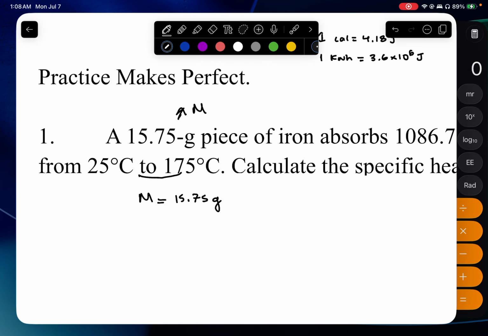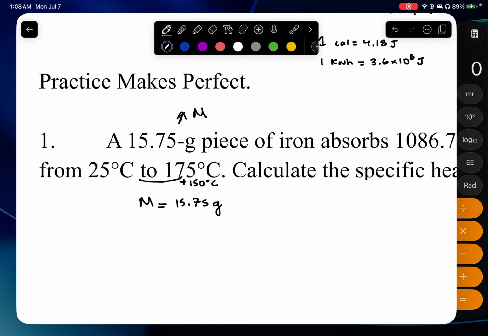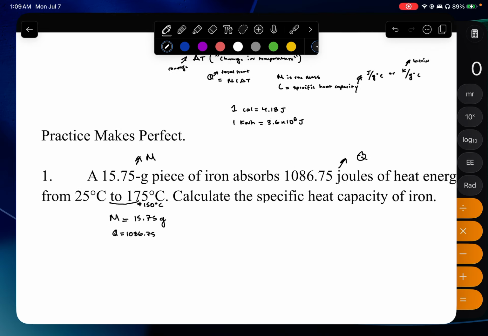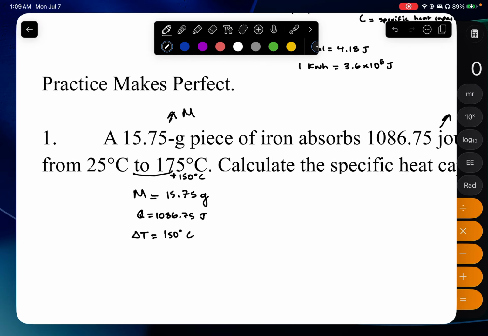So this change is a positive change of 150 degrees Celsius, written in two sig figs. So let's also write these things down. Q is equal to 1086.75 joules, and delta T is equal to positive 150 degrees Celsius.